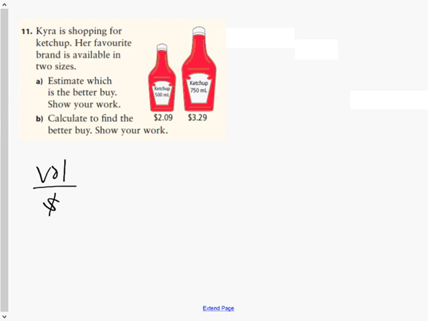Whatever volume you get for $1 is going to be the better deal. But generally speaking, the better ratio is to find money to volume, and that's the one we're going to use. If you use the other one, that's fine. It's not wrong. But you've got to be smart about it. So for the small one, it's $2.09 for 500 milliliters.